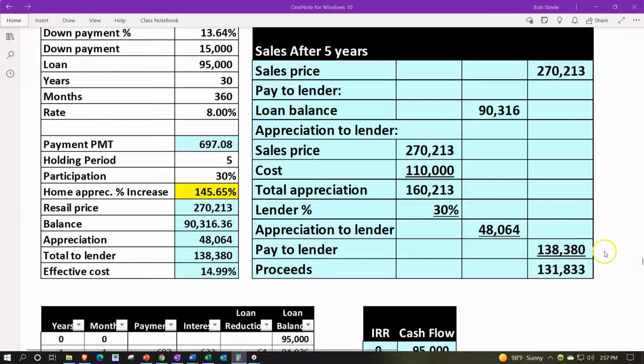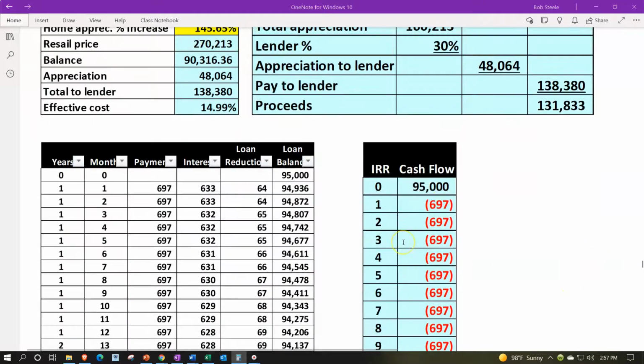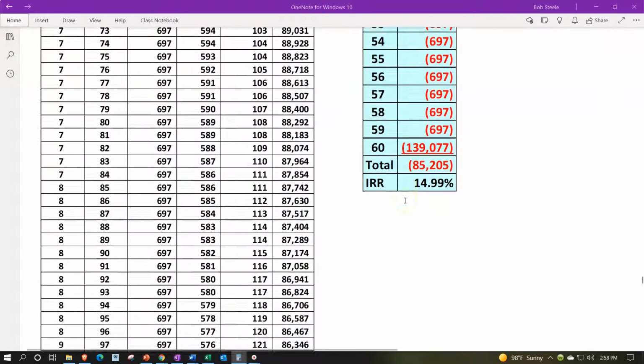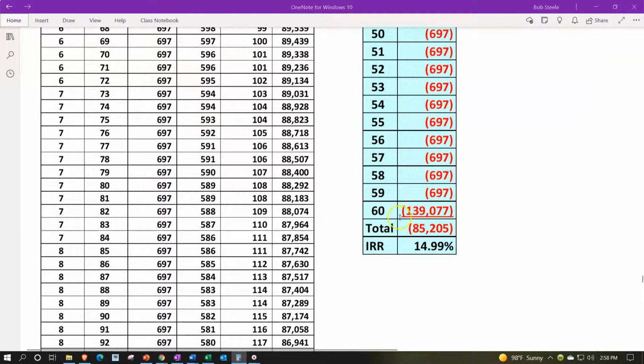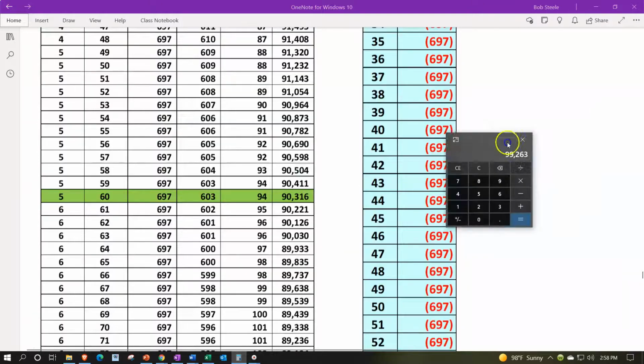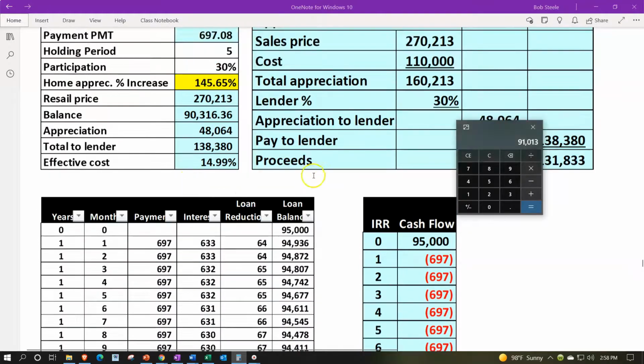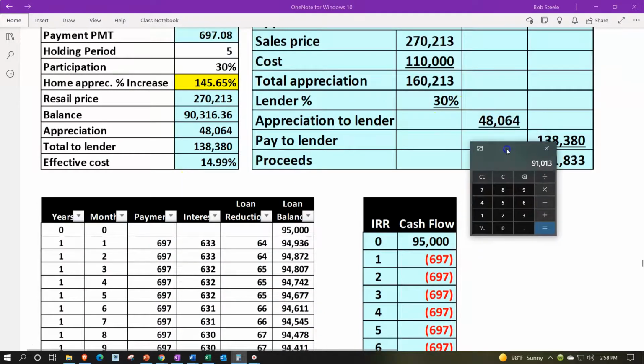The sales price minus what we owe to the lender gives us then that $131,833 balance. And if we were to calculate our IRR on this, there's the 95, here's the 797 each period, and then at the end of 5 years, we'd have to pay off the $90,903.16 plus that last payment, $697, and we'd have to pay the bank for the appreciation, which would be $48,064 in this case.